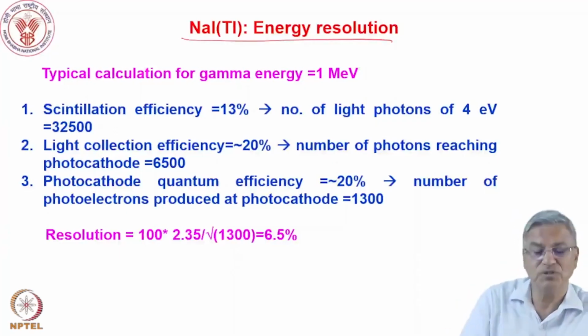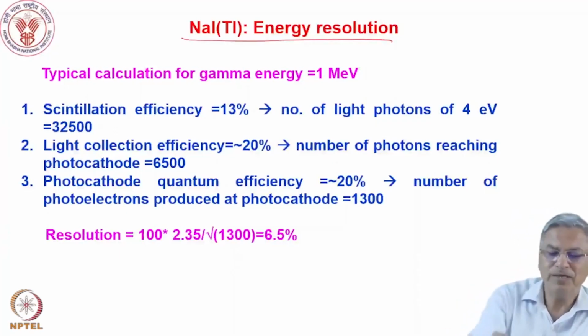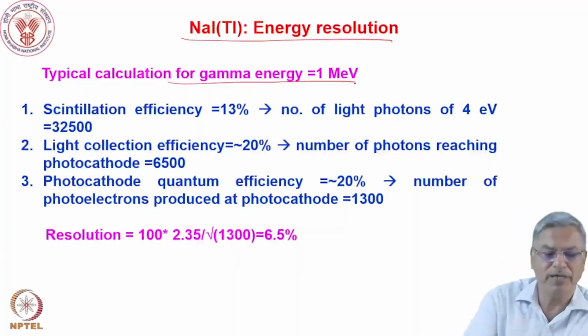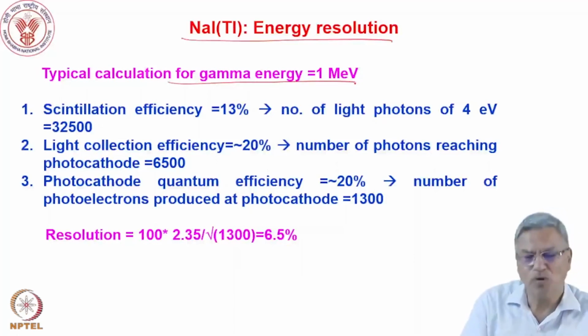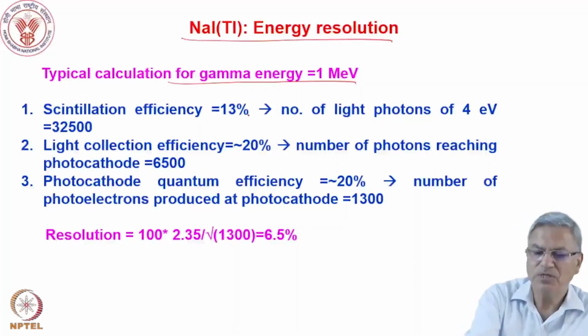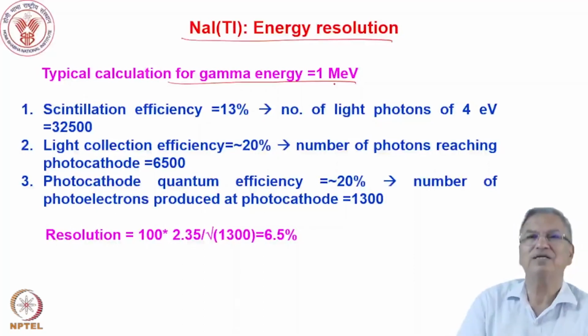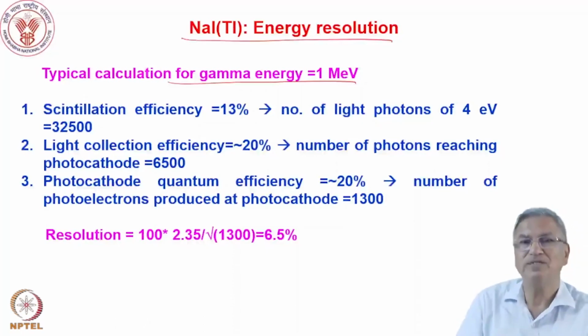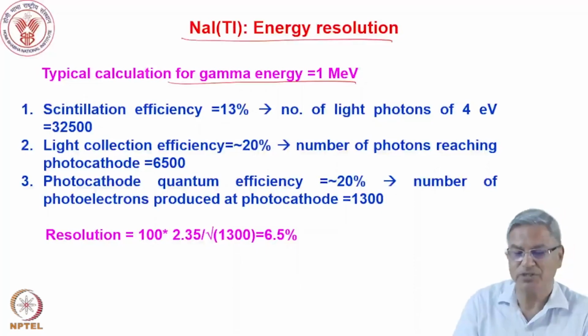Why is this resolution so bad? Let us see for a 1 MeV gamma ray. Out of the 1 MeV, the scintillation efficiency is 13%. What does that mean? 13% of this 1 MeV is utilized in generating photons. So 13% of 1000 keV is 130 keV of the gamma ray energy utilized in producing scintillation.